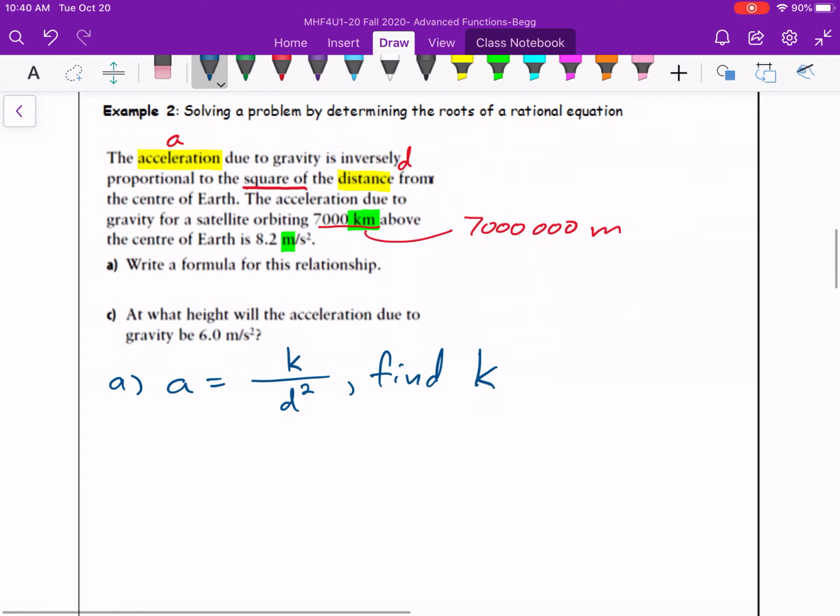That's where 8.2 can be placed in for A, and 7 million can be placed in for D. I don't need brackets, but I do need to square it.